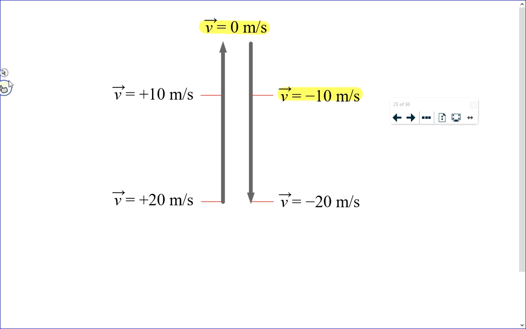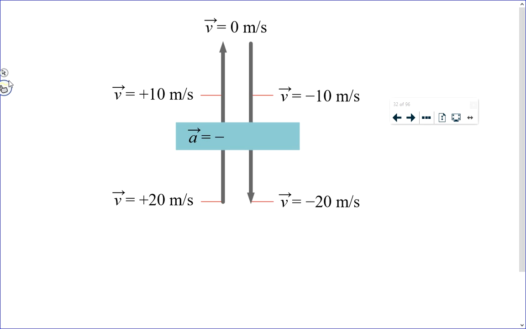What about from 0 to negative 10? Well, the final velocity in that interval is negative 10. If I take negative 10 minus 0, which is the initial, I get a negative. And this continues. It doesn't matter which interval you're talking about. Your delta V will always be negative, which means the acceleration everywhere here is negative.